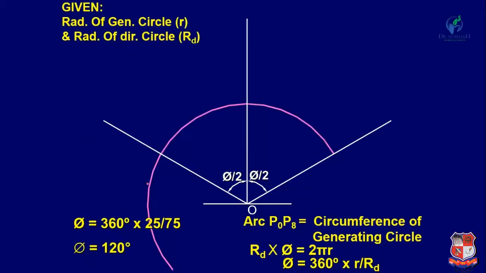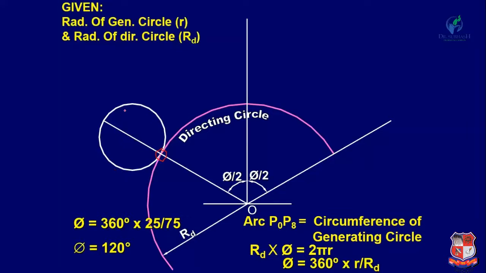Okay, so this circle is the directing circle, radius is 75 mm. Now mark the center at 25 mm on this line and draw a rolling circle whose radius is 25 mm. This is the rolling circle.